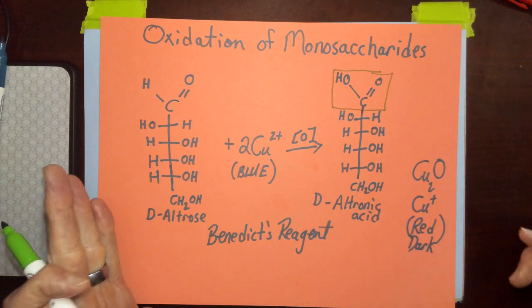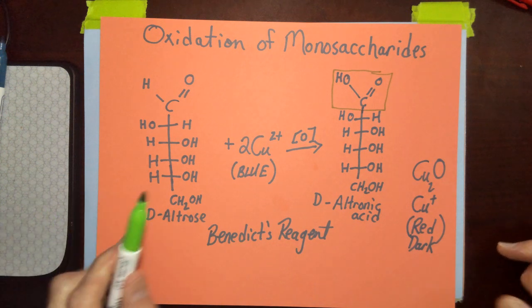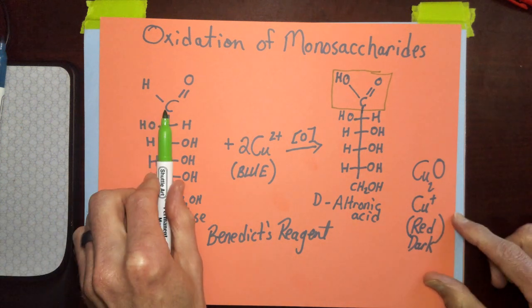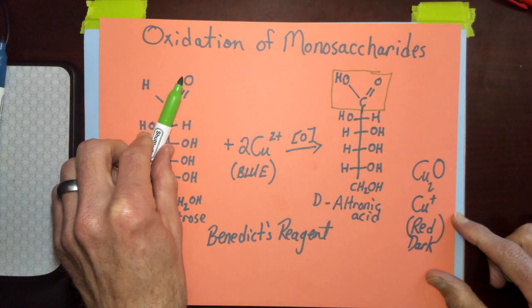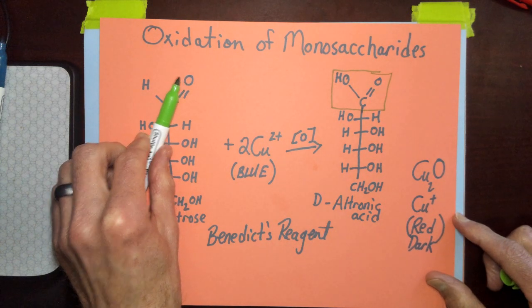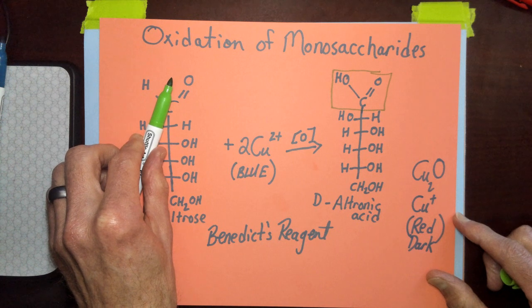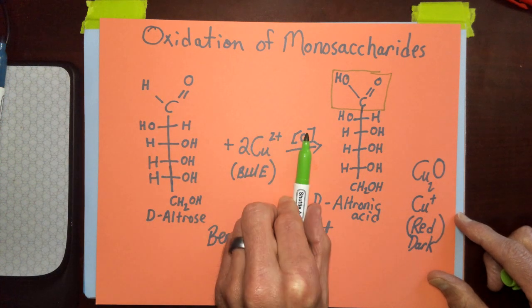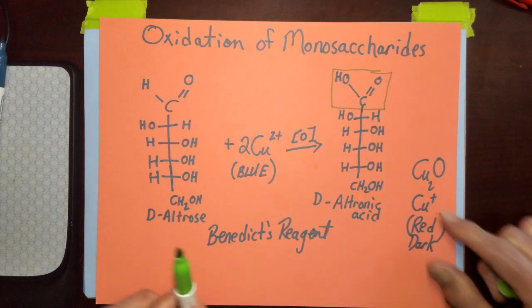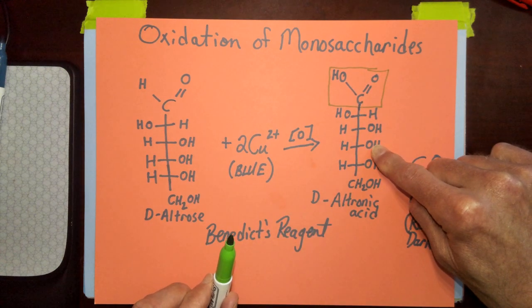So for oxidation of monosaccharides, we take our open chain monosaccharide, which has that aldehyde group here at the end, so it can easily be oxidized. Again, we add Benedict's solution, an oxidizing agent, and we get our carboxylic acid.